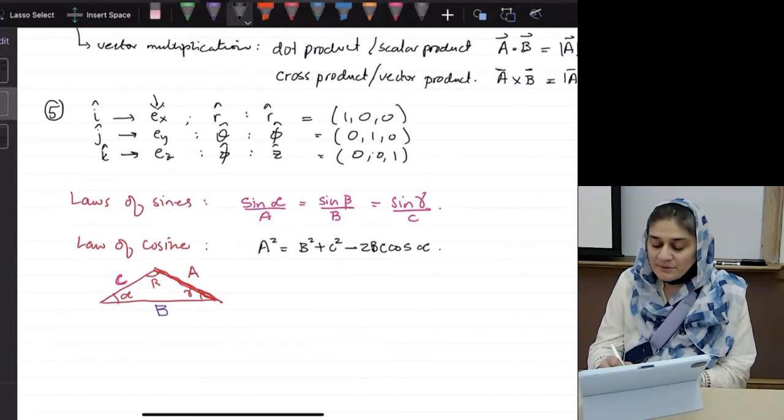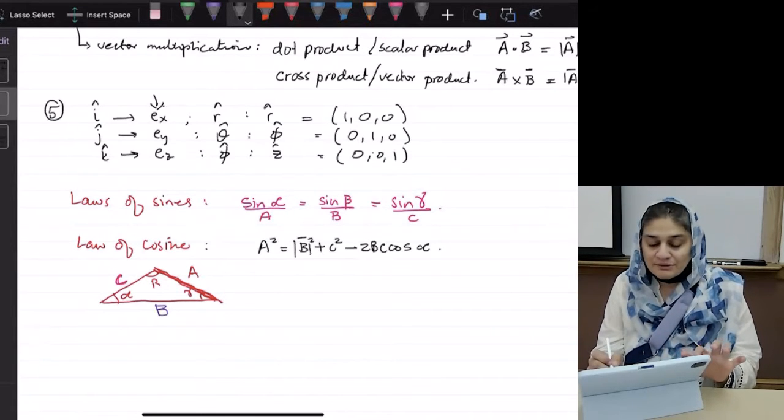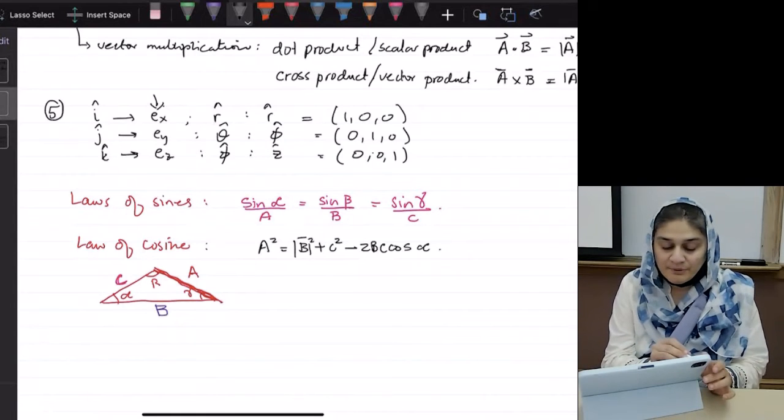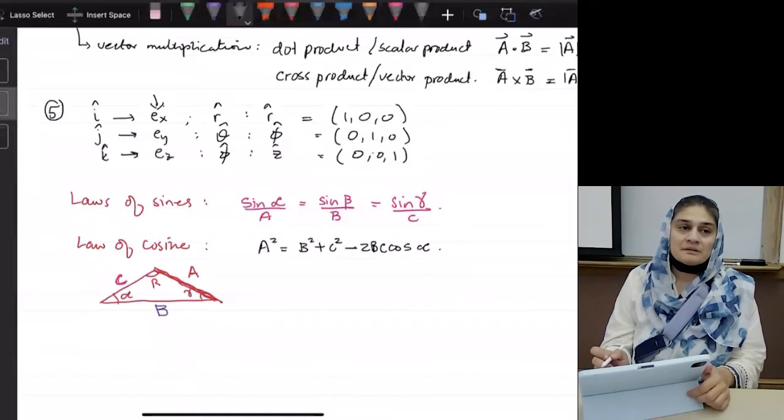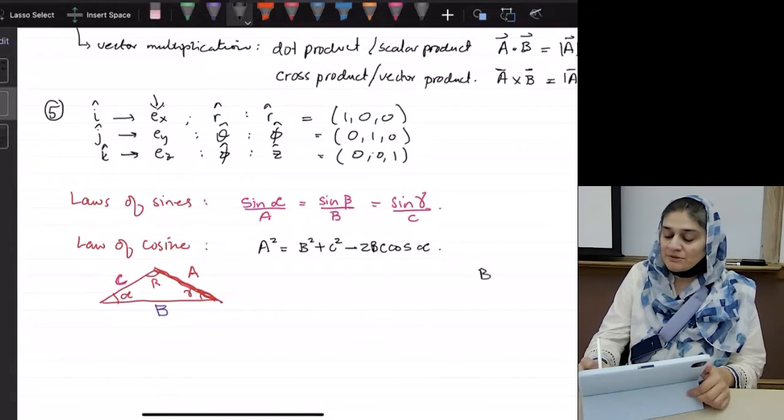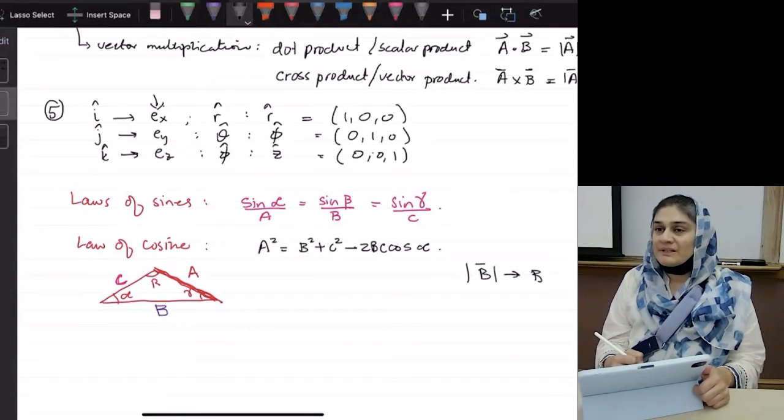I'm just being lazy because you're allowed to use that, right? If you don't put anything and it's a vector, this just means it's the magnitude of B. You can write the magnitude of a vector as this or just that, it means the same thing.